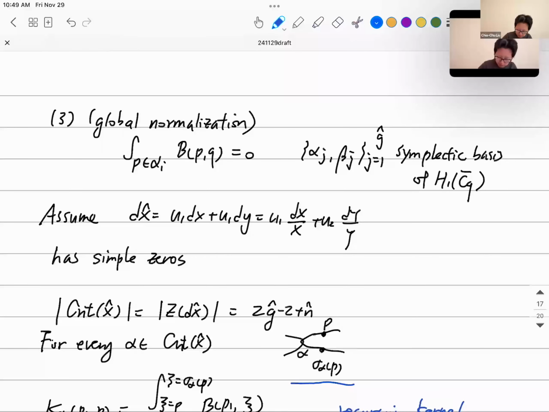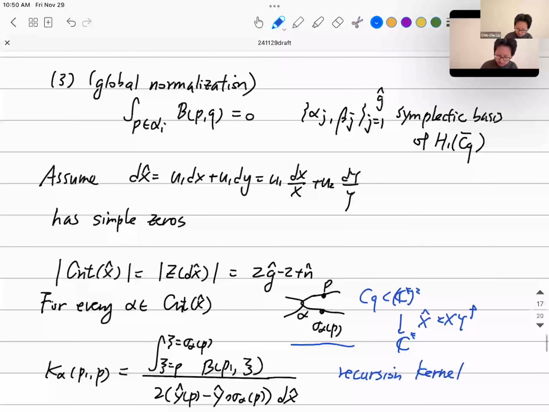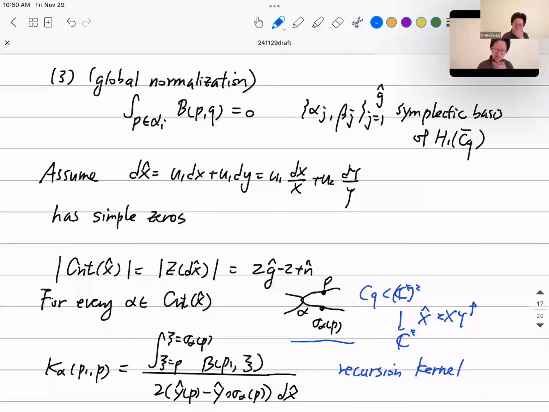In the open case, it's like we have this mirror curve in C star 2, and then C star, and this is given by the so-called S hat, which is XYF. So C star has Euler characteristic 0.